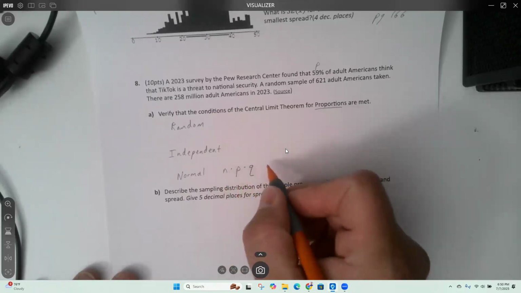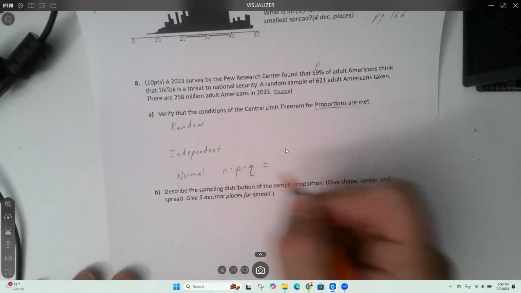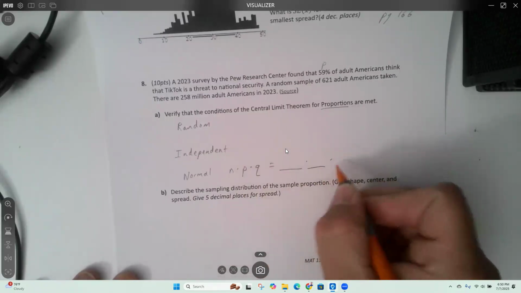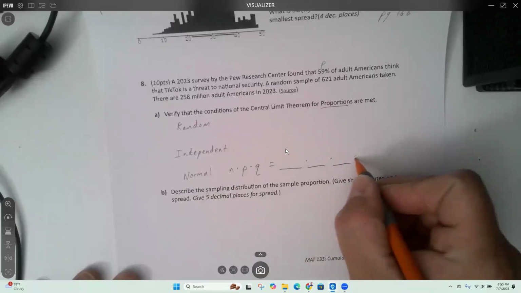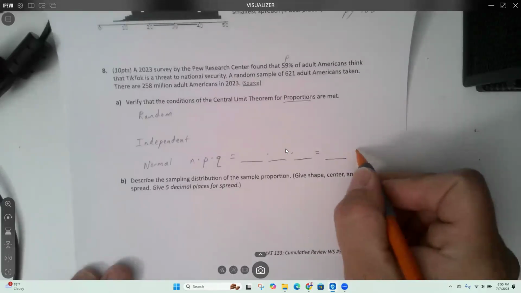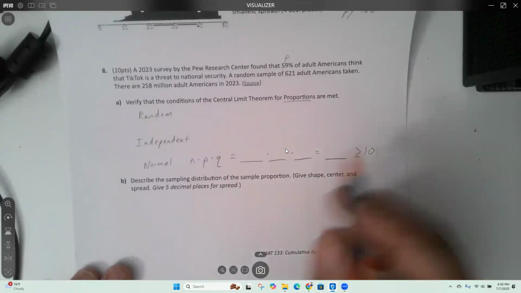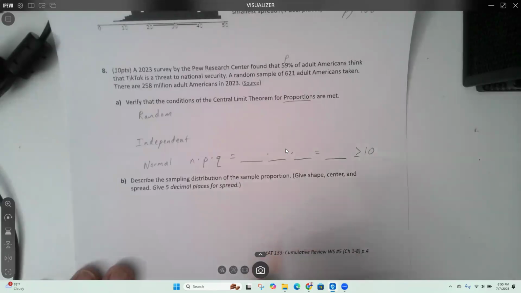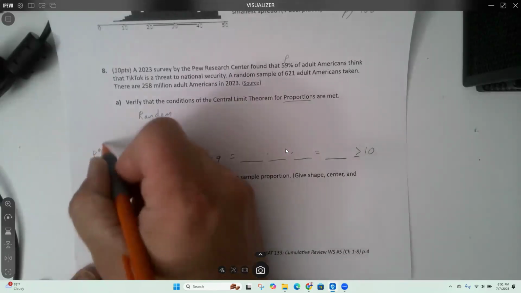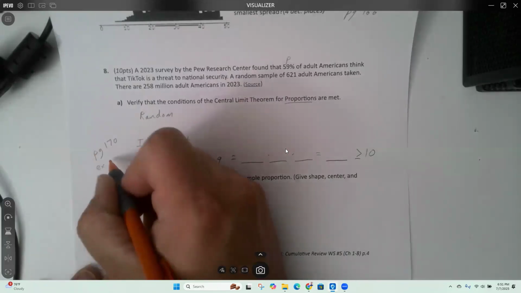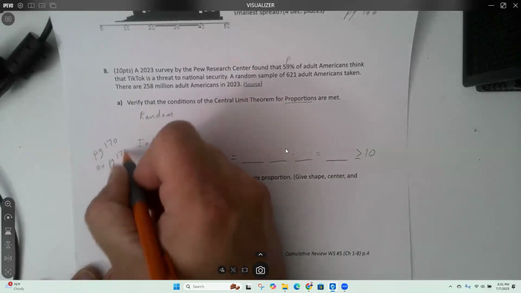You have to have more than 10 of each. So you put in your n, multiply by your p, multiply by your q. That's going to give you some number, and that needs to be greater than or equal to 10. All that information is on page 170. There's an example on page 171.